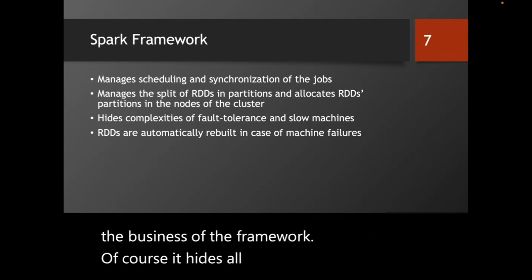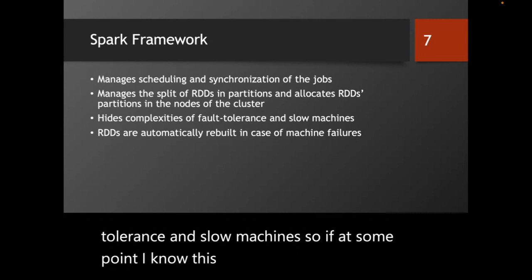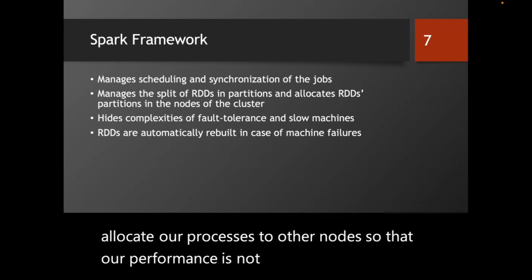Of course, it hides all the complexities of fault tolerance and slow machines. So if at some point a node is slow, it will decide to allocate our processes to other nodes so that our performance is not harmed.